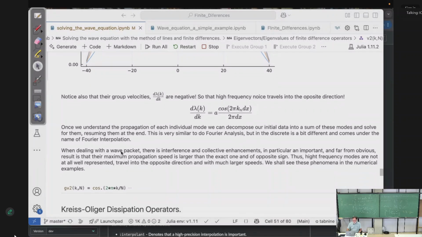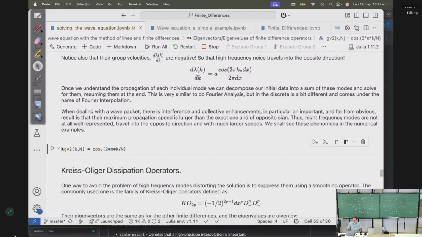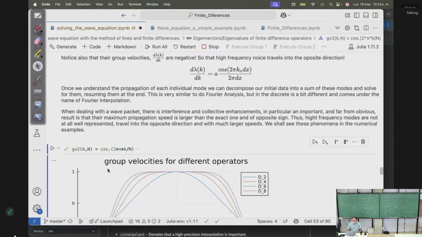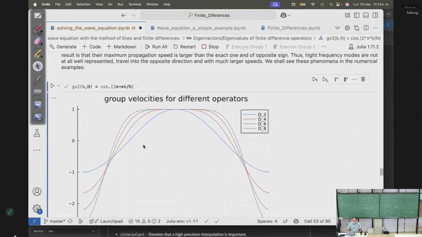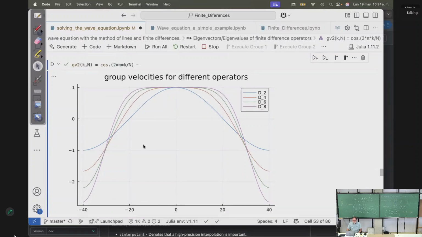So we plot here the group velocities. And you see how they behave. The D2 goes from 1 to -1. This is what we saw. But for high frequency, we have the wave going in the other direction. That was this point here.